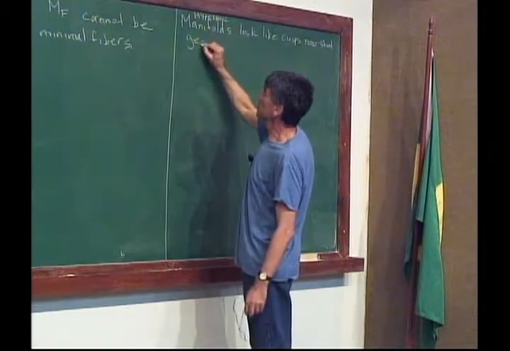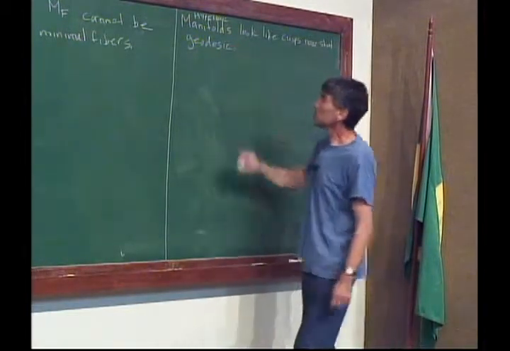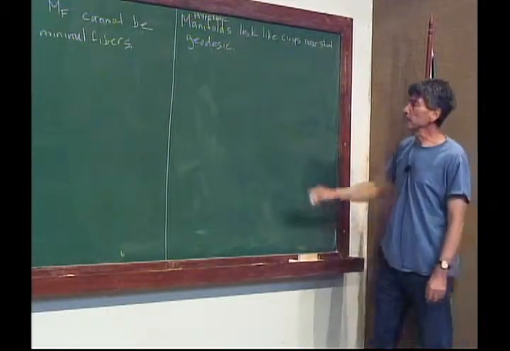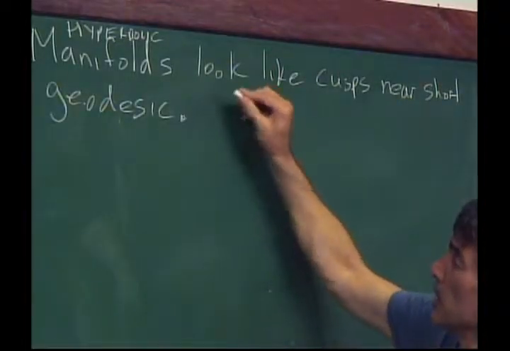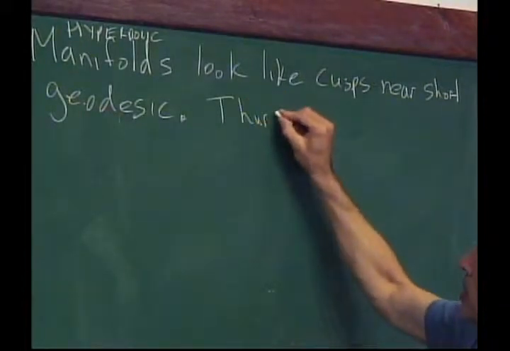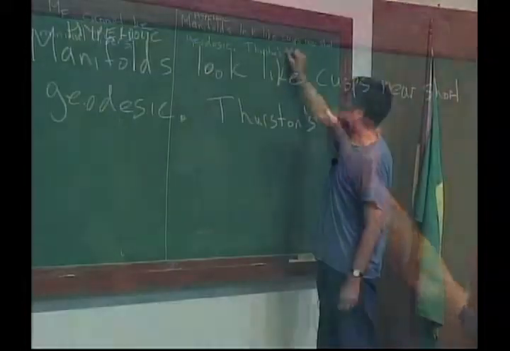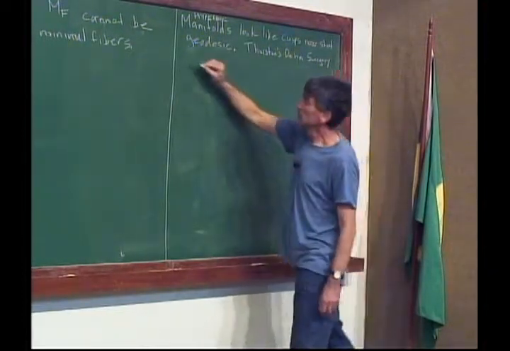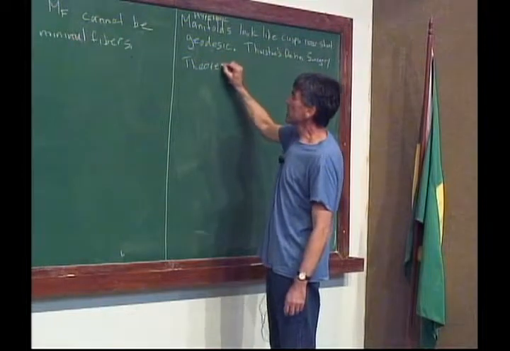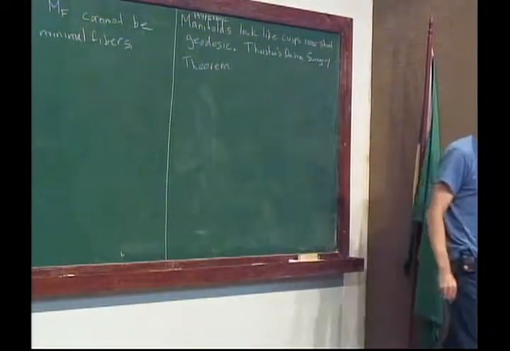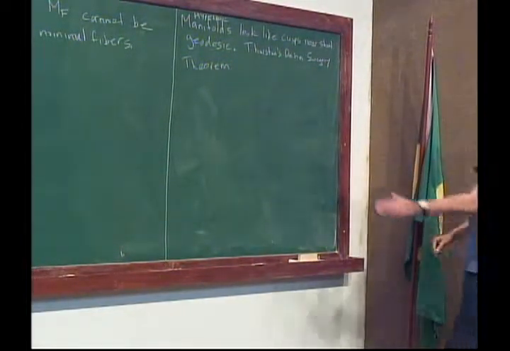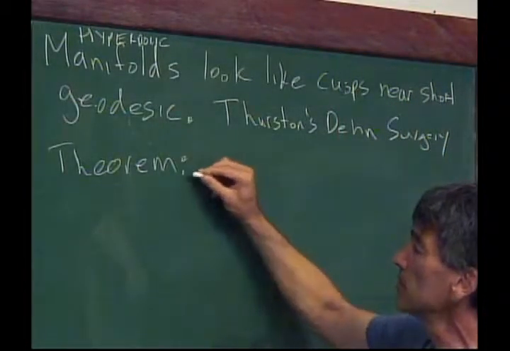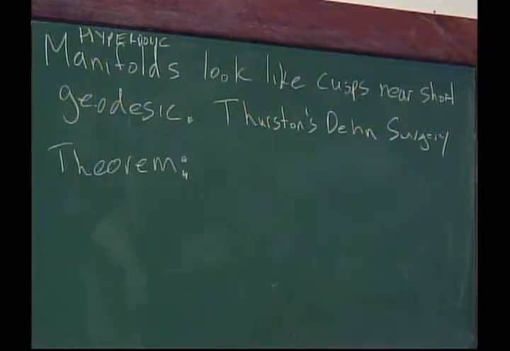And this particular construction goes back, is actually found in Thurston's notes. It's part of what is now known as Thurston's hyperbolic Dehn surgery theorem. But it's been extensively developed since then. So this picture of what manifolds look like near short geodesics is now quite well understood in very broad context.